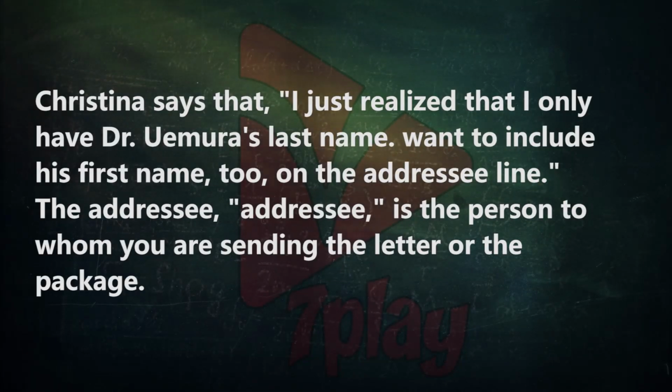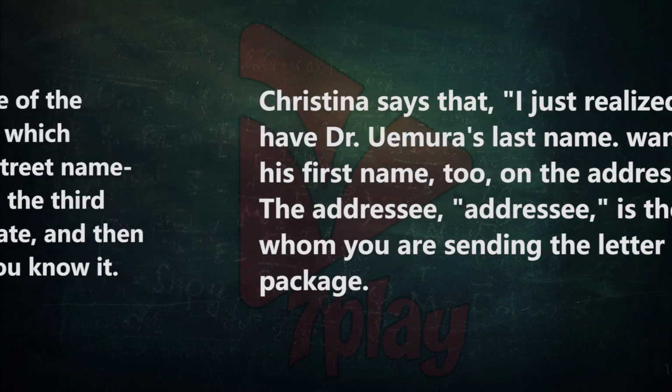Christina says that I just realized that I only have Dr. Yumura's last name. I want to include his first name, too, on the addressee line. The addressee, A-D-D-R-E-S-S-E-E, is the person to whom you are sending the letter or the package.